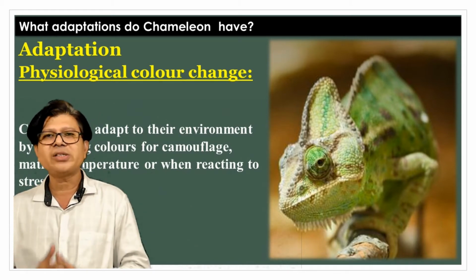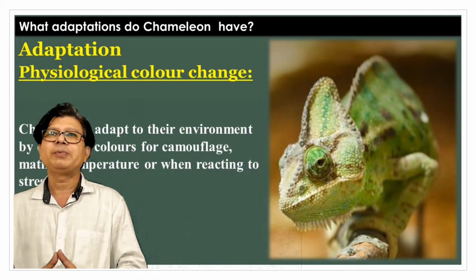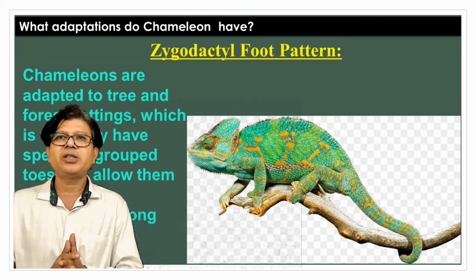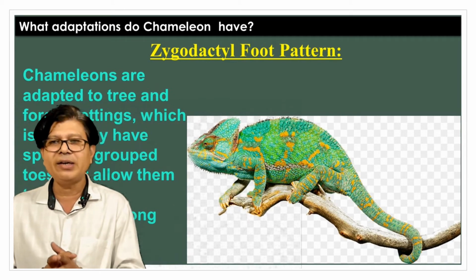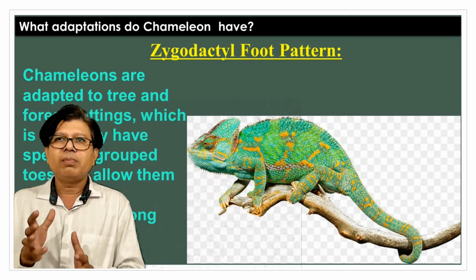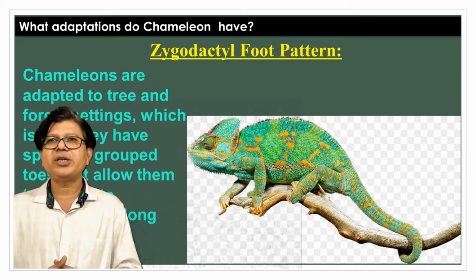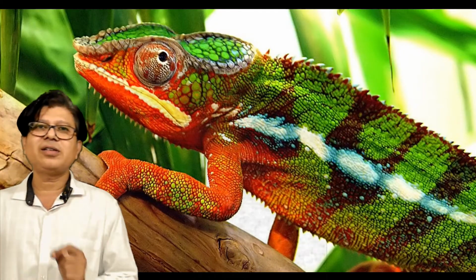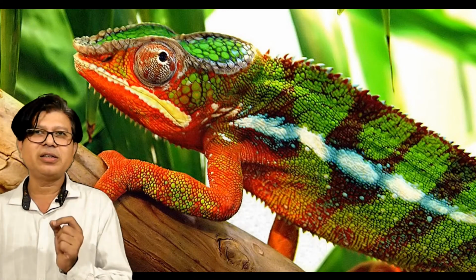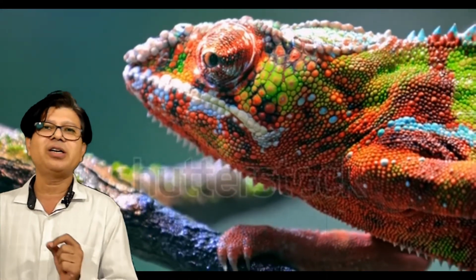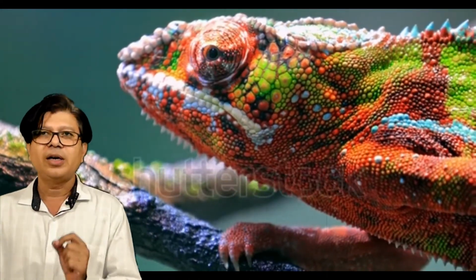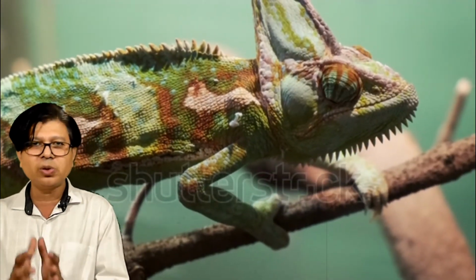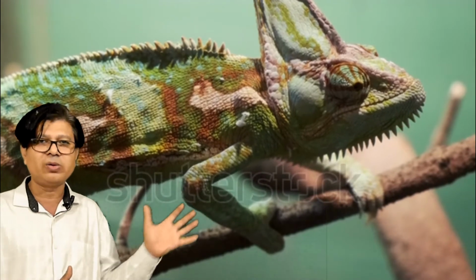So let us focus on xeric adaptation in the chameleon. The chameleon is adapted to this arid condition by regulating its body temperature, as thermoregulation. What makes the chameleon interesting is the phenomenon of changing the color of its body, its skin. This mechanism is called camouflage, so that it can imitate its background.